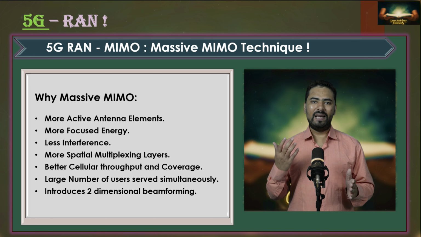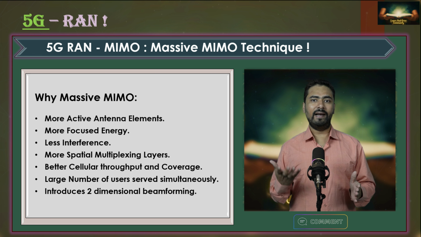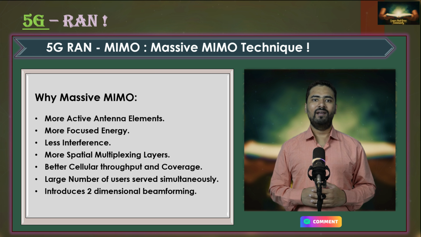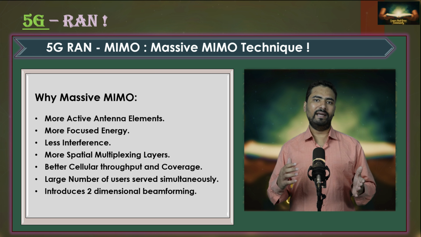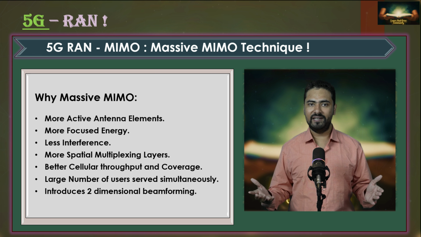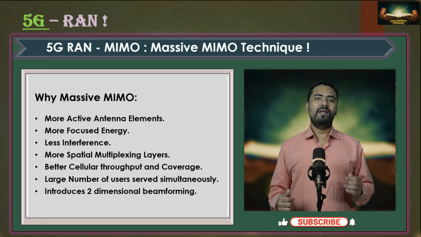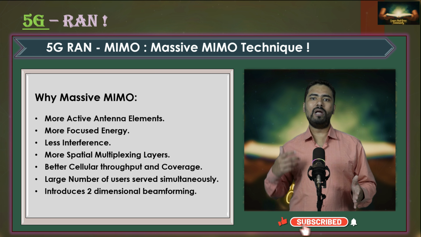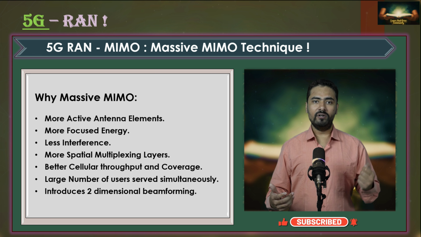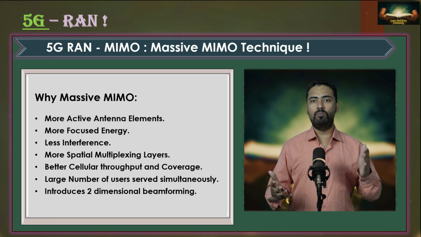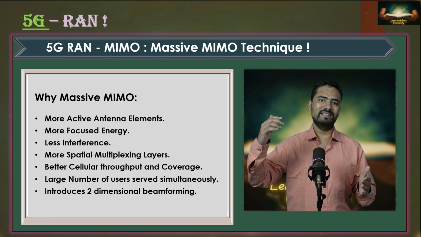Number five, massive MIMO improves the cellular network throughput and coverage. Number six, massive MIMO can serve more users simultaneously. Number seven, massive MIMO supports two-dimensional beamforming, so it offers better signal precision in both horizontal and vertical planes.